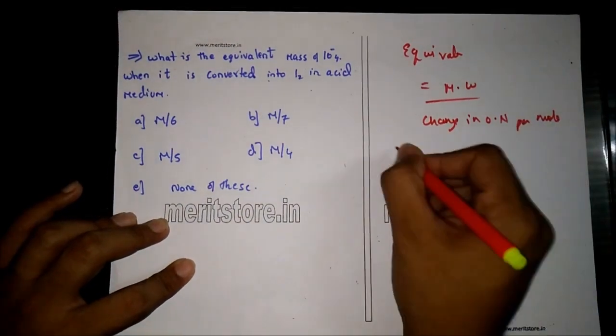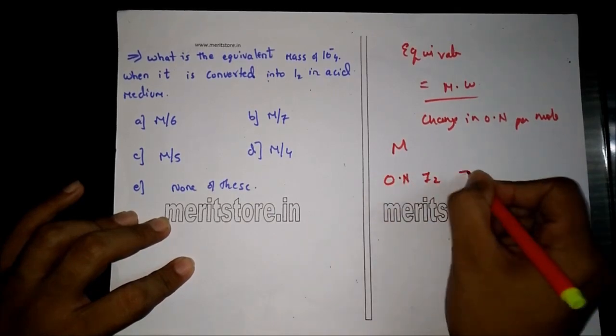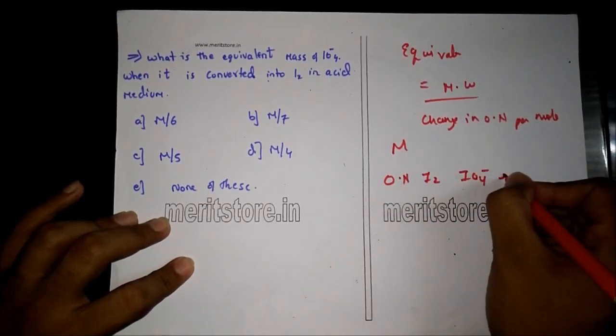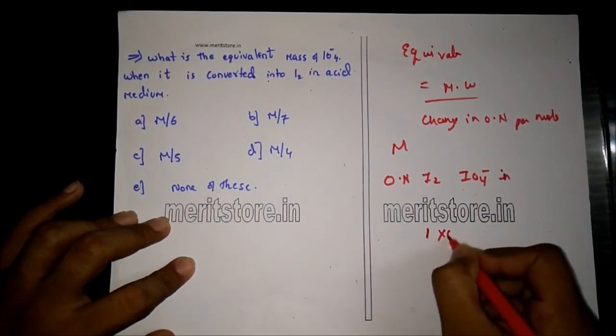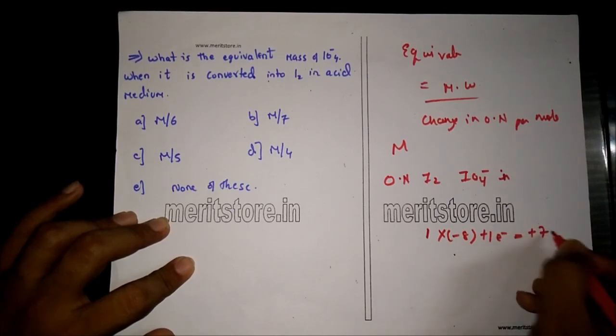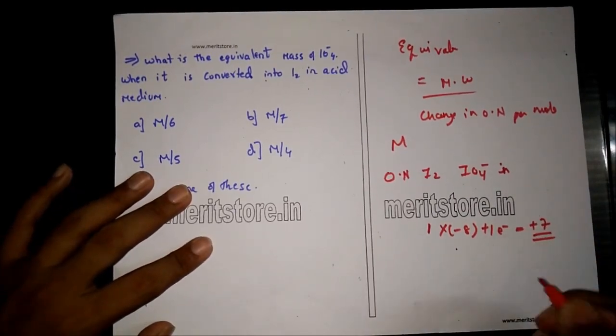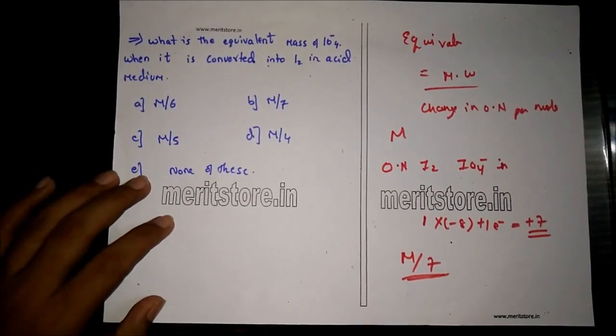Suppose the molecular weight is M. Therefore, the oxidation number of iodine in IO4 minus in acidic medium is 1 into minus 8 plus 1 electron, which is equal to positive 7. Therefore, the equivalent mass will be M by 7. Therefore, the correct answer here is option B.